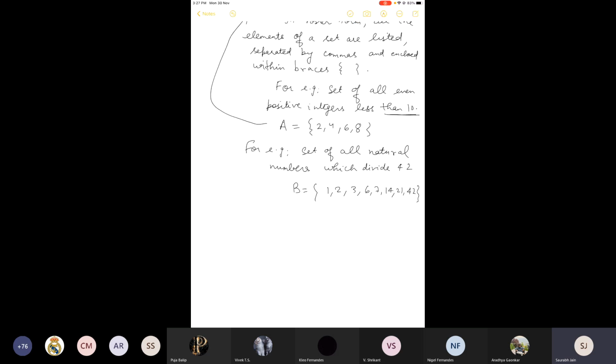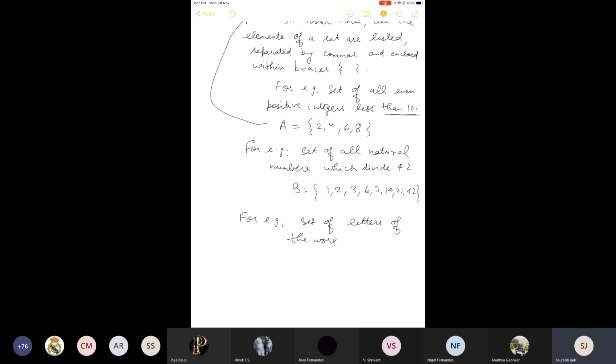However, there are some points to remember. This one is important. Suppose I have to write the set of letters of the word school. Let me write it in small alphabets.